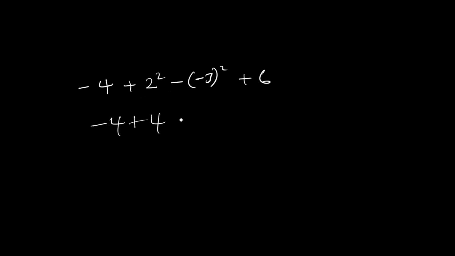So let's move on with the next example. Minus 4 plus 2 squared minus 3 squared plus 6. So let's see what we can do here. So this is minus 4. 2 squared is 4. Now be very careful.